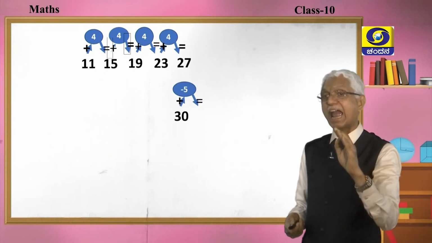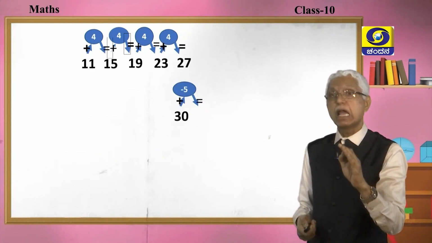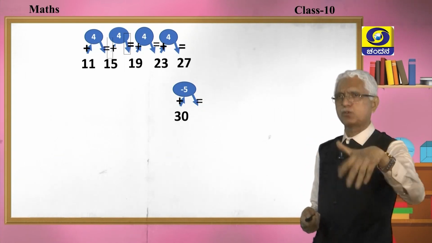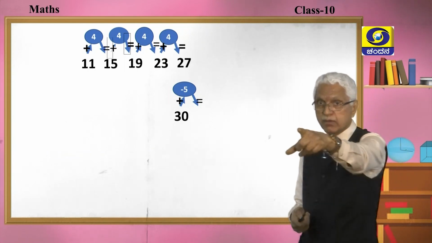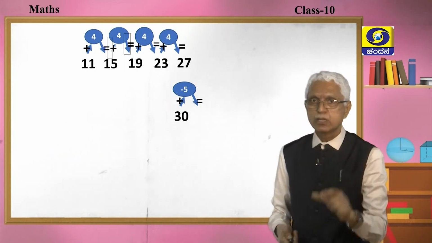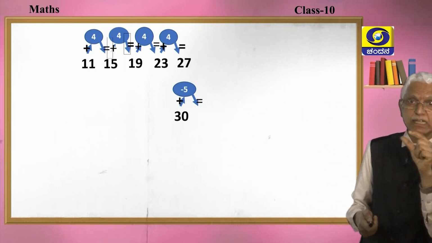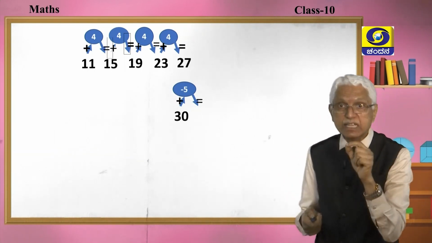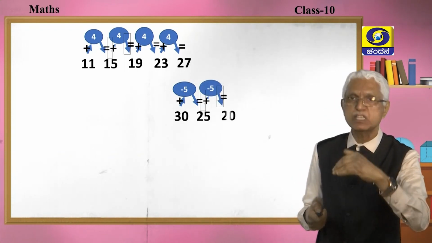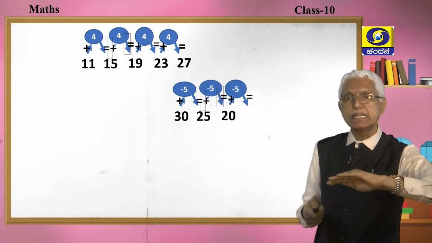So far we were adding the common difference, right? And all those common differences used to be positive. Either it was 2 or 4 or 5 or 7. For the first time I am taking the common difference as minus 5. So what is the first term I have chosen? 30. What is the common difference I have taken? Minus 5. 30 plus minus 5 is 25.